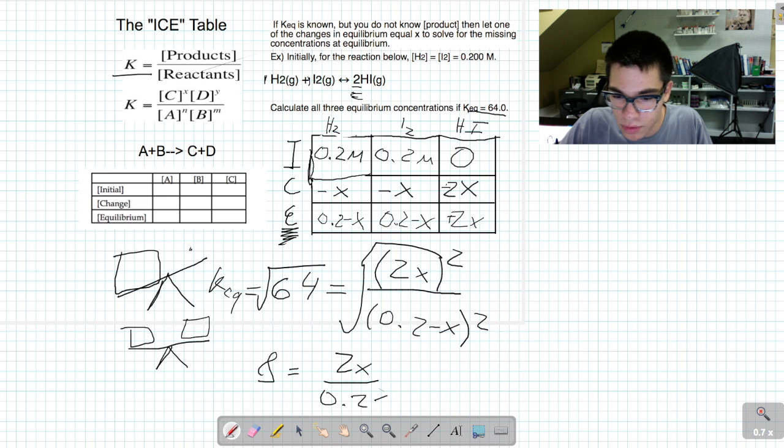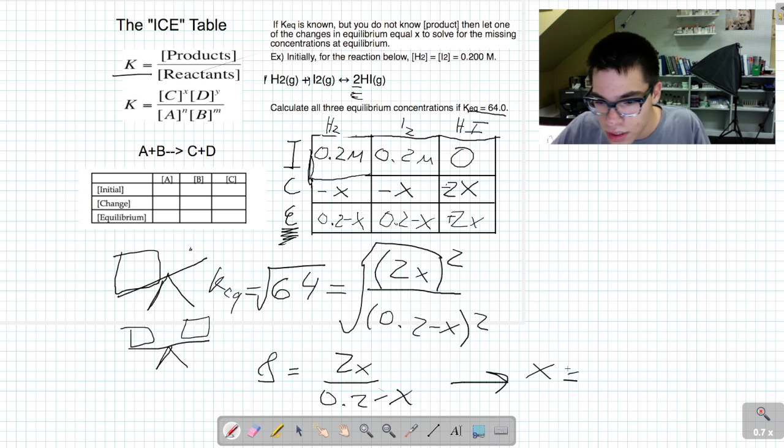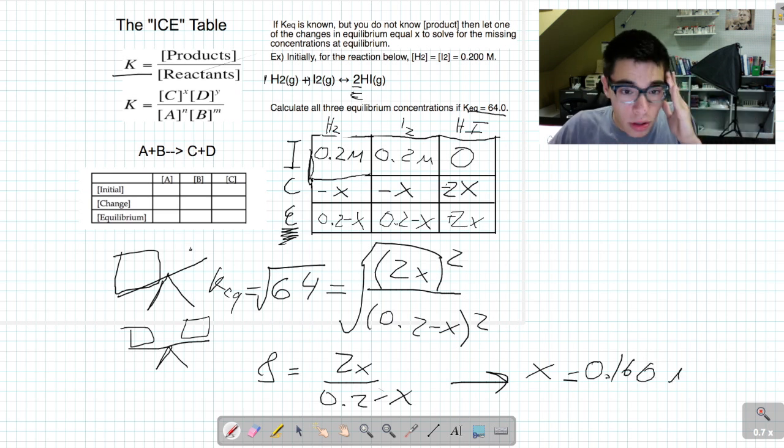We do some simple math, and we find that x equals 0.16 molar. So we want to plug this back into our equilibrium values.